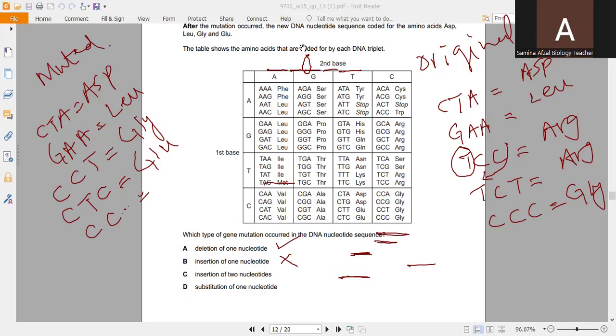No nucleotide has been inserted. B or C are substitution. There is no substitution here. Only one nucleotide is deleted. So the correct option is A.